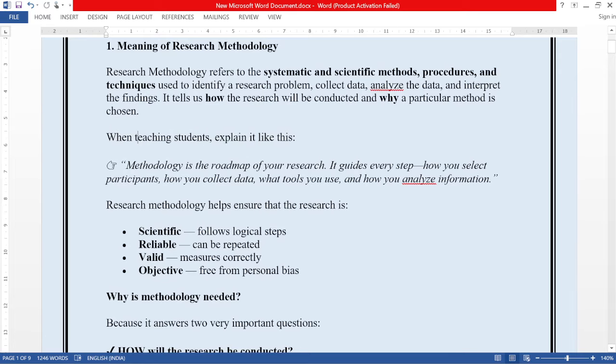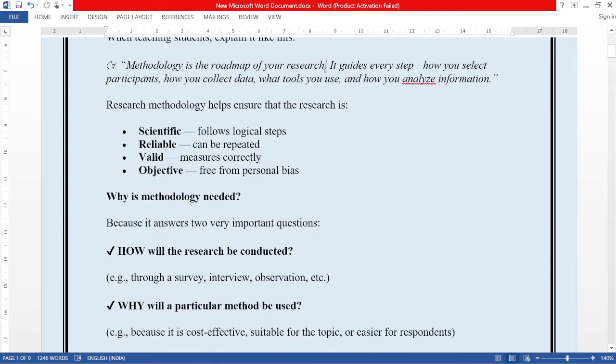Methodology is the roadmap of your research. It guides every step: how you select participants, how you collect data, what tools you use, and how you analyze information. So it's a roadmap. It's a particular guide which guides your project work or research.